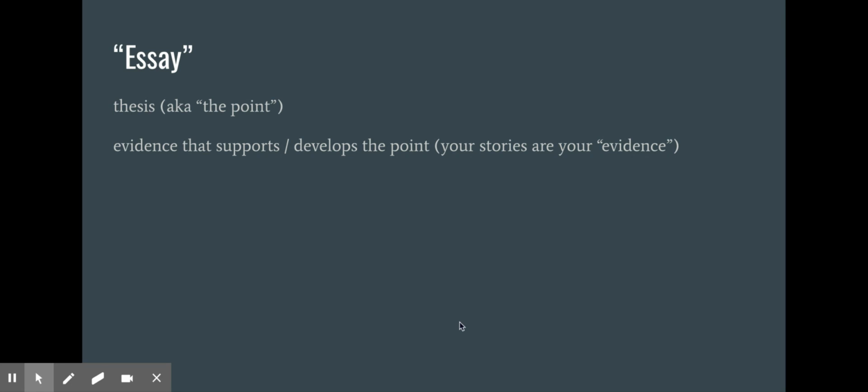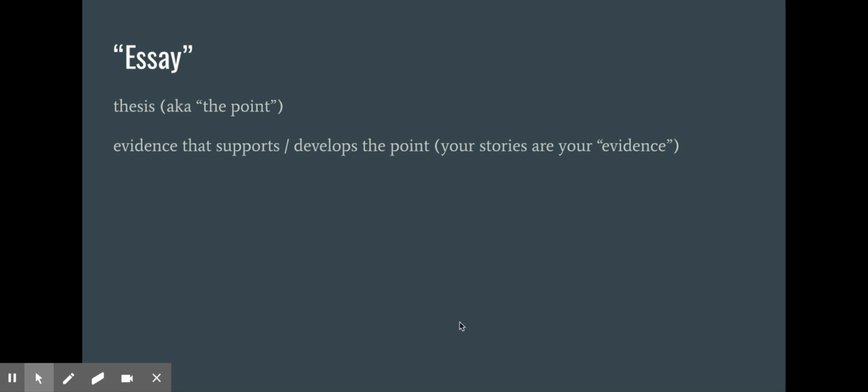Now, that doesn't mean that they both have a thesis statement. It means that they both try to make a point about something. And that's actually a better word, I think, than thesis for talking about this kind of essay. So I'm going to shift to using point now instead of thesis, but they're essentially the same basic thing.